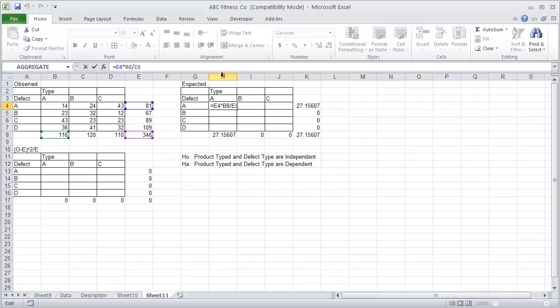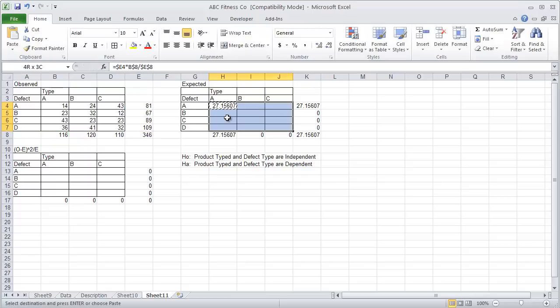Because that one is E8, anywhere I see an E, I'm going to put in a $ sign. Anywhere I see an 8, so I have E8 locked in. I have column E and row 8, so it's always going to go to our totals to figure these out. I can now copy all of those across.